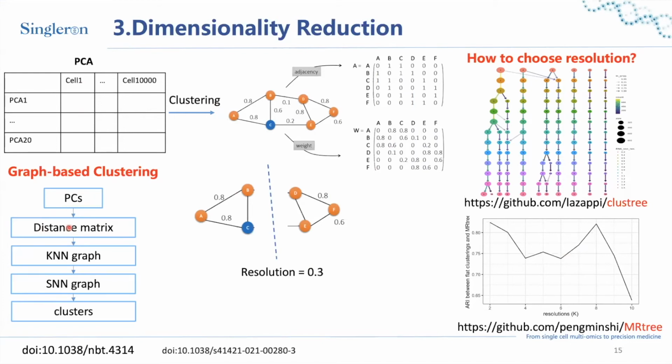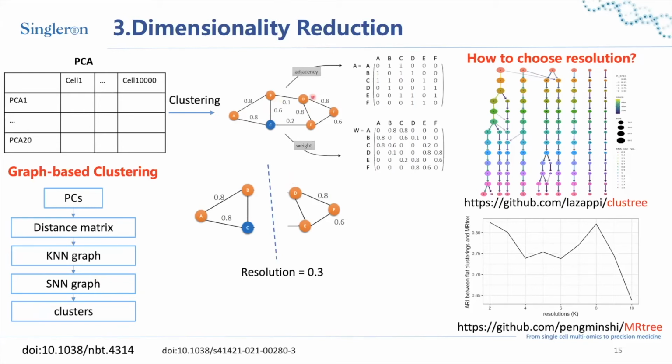Then, based on the distance matrix, we build the KNN graph, which is the K nearest neighbor graph, as well as the SNN graph. After that, when you give a resolution to it, the cells can be clustered. Here is an illustration of graph-based clustering.